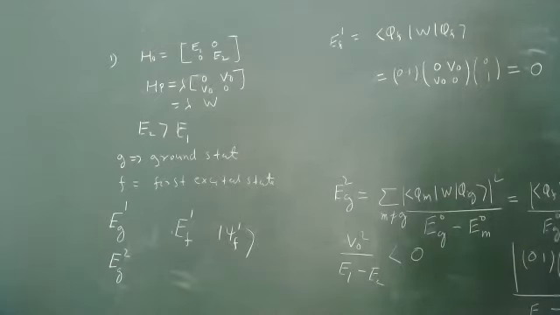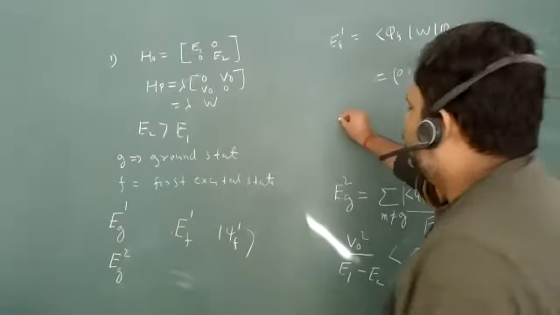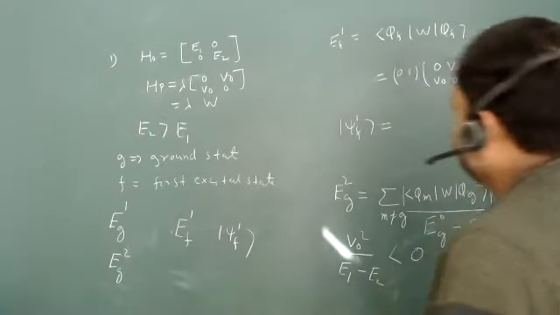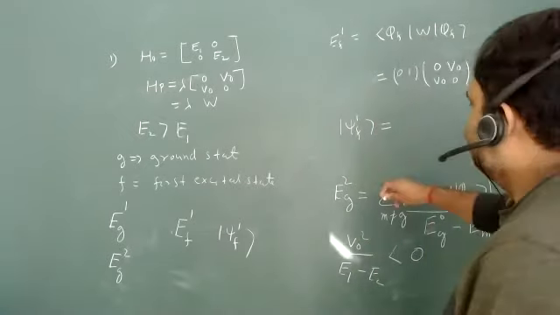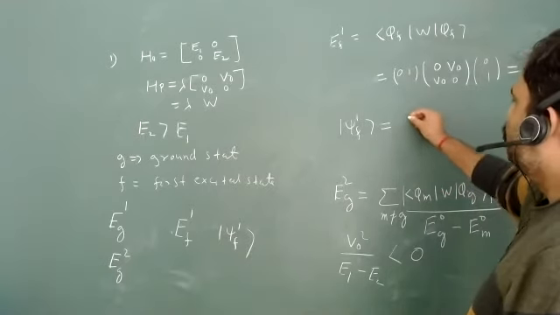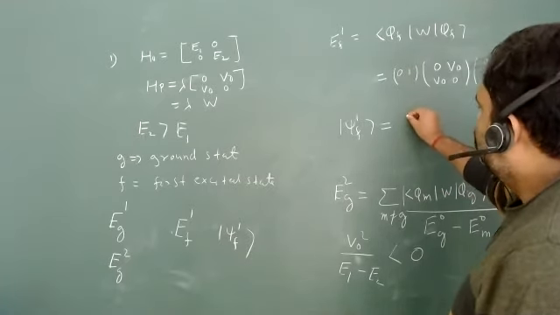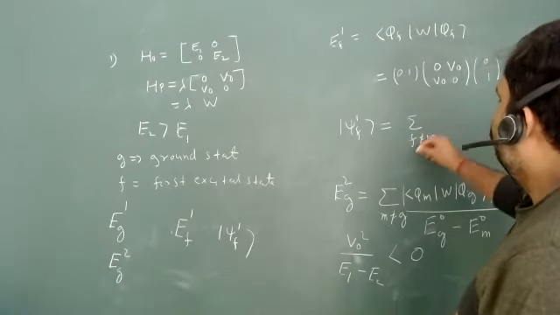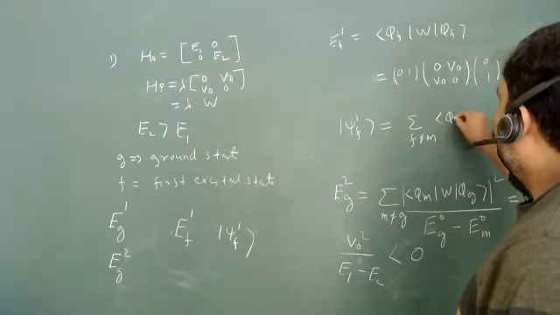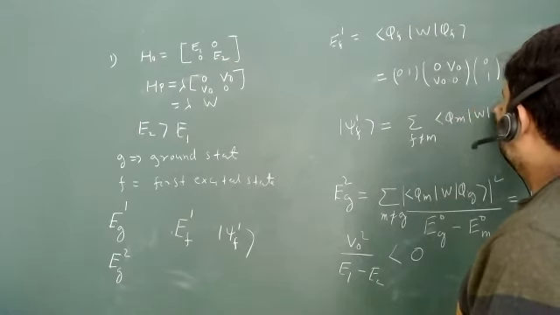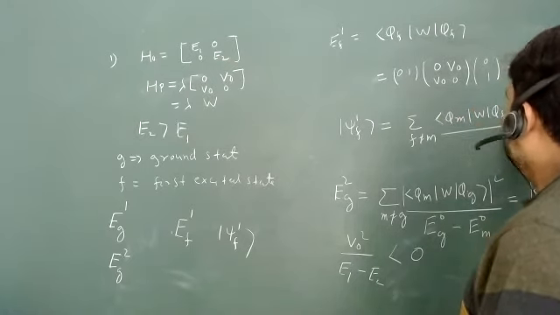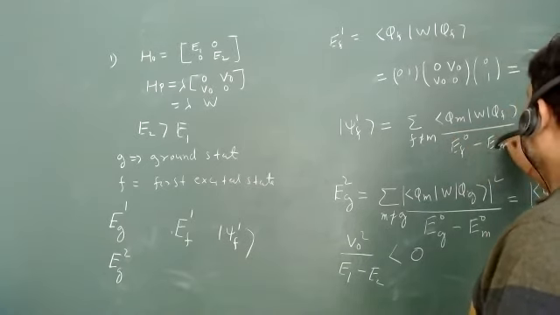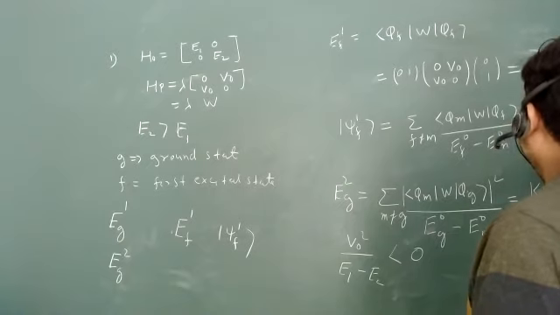Yes, sir. Okay. Now we have to calculate psi f1. What is psi f1? For the psi f1, we can go for m not equal to f. Here we have phi m, W phi f, and here we have EF0 minus EM0, and here we have phi m.